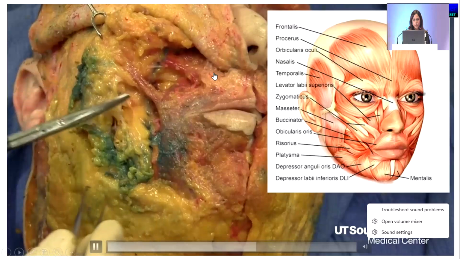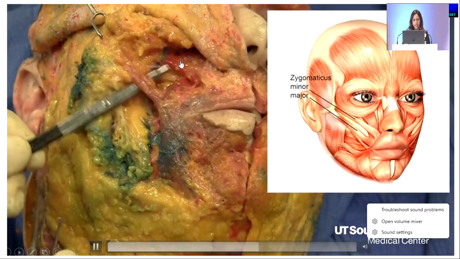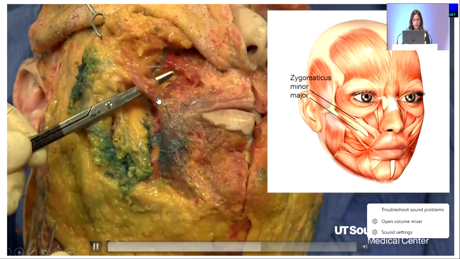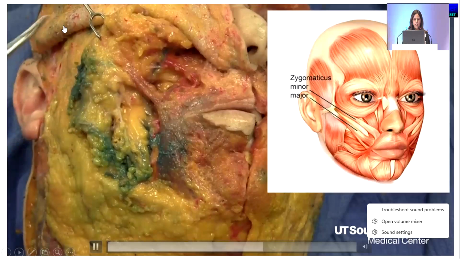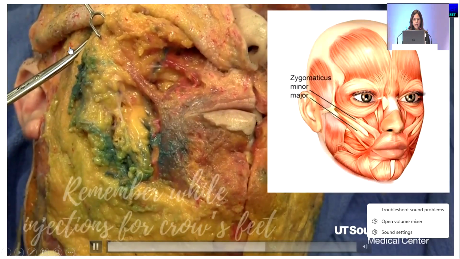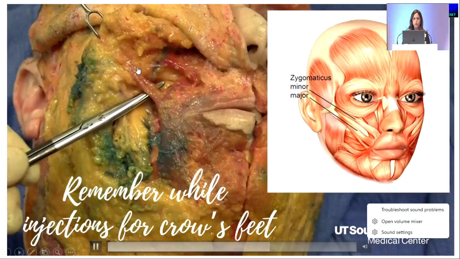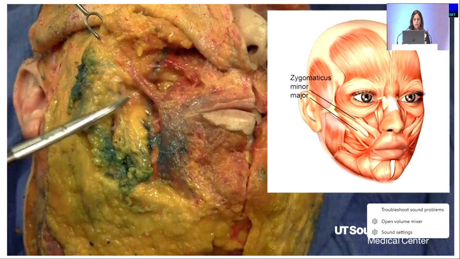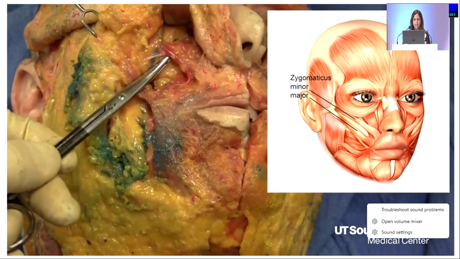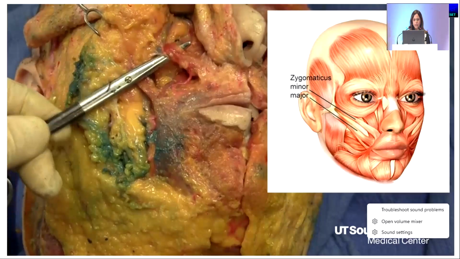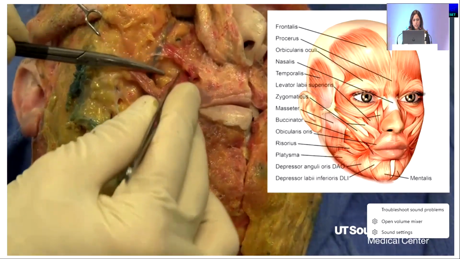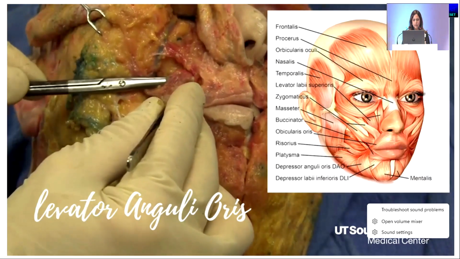So these two here we can see are the zygomaticus minor above and the zygomaticus major below. We must remember, when we are injecting for crow's feet here, inadvertent injections into the insertion of these muscles may lead to ipsilateral frowning, a depression of the smile here, the droop of the angle. So we should be cautious and inject superficially near the lateral canthus.